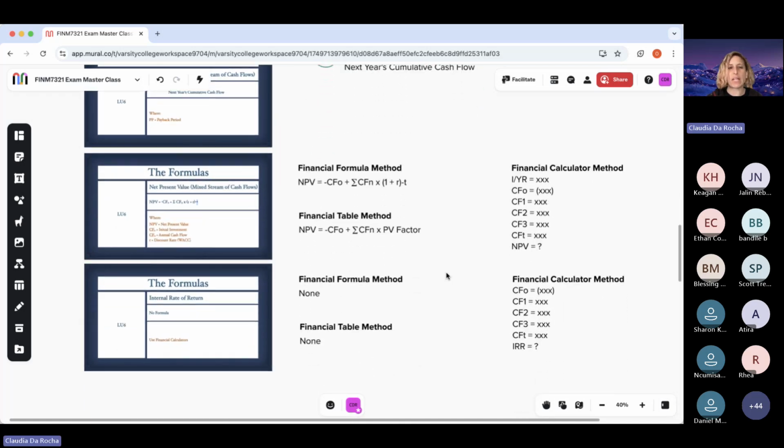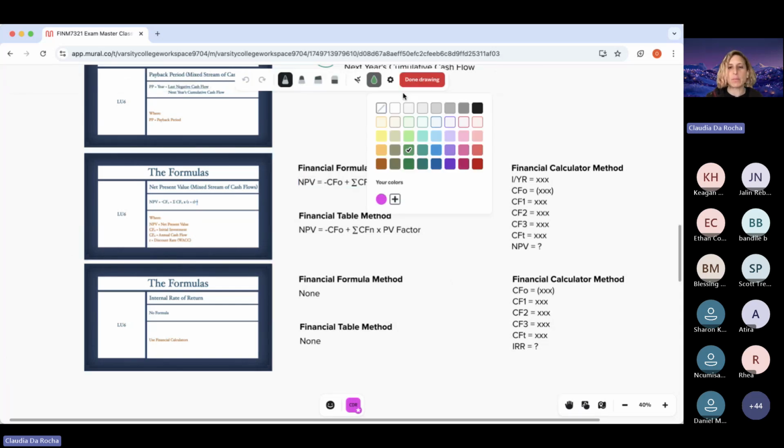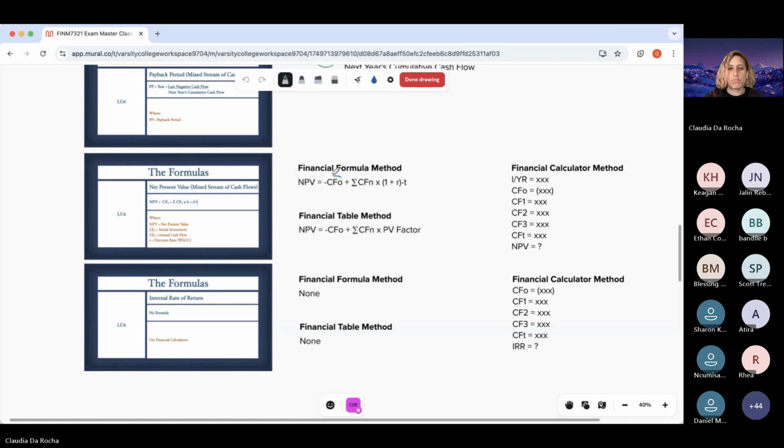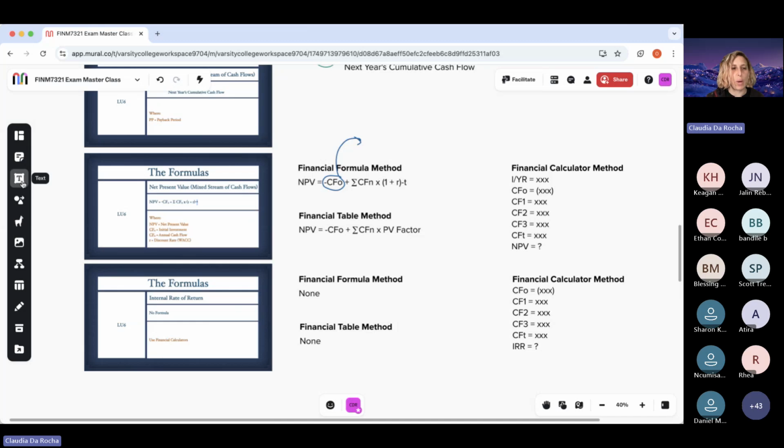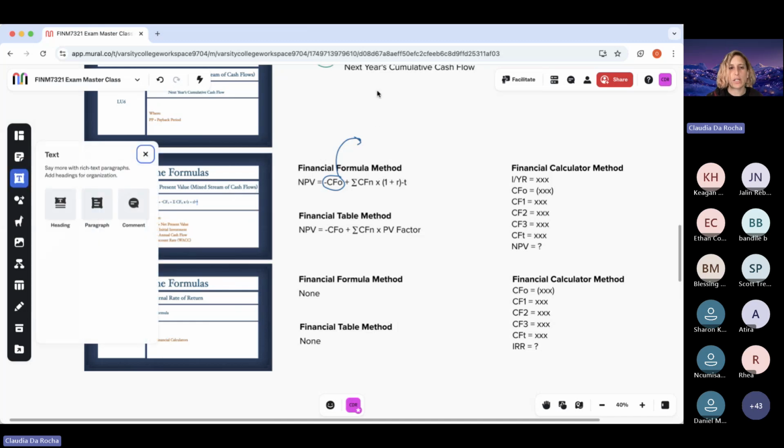All right, then we have our net present value for a mixed stream of cash flow. So we know that this here is our initial investment. Okay, your initial investment is negative because you are paying into the project.